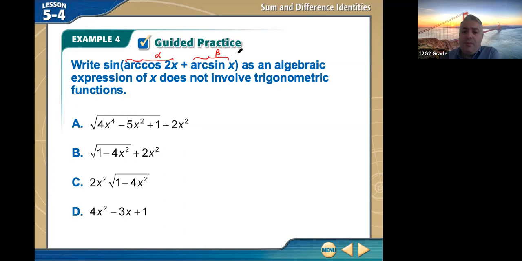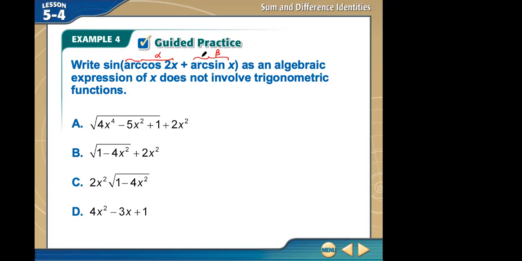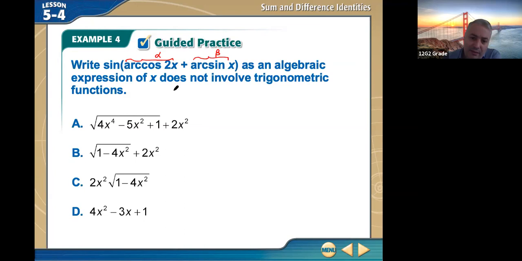First of all, arc cosine of 2x is alpha means cosine of alpha is 2x.